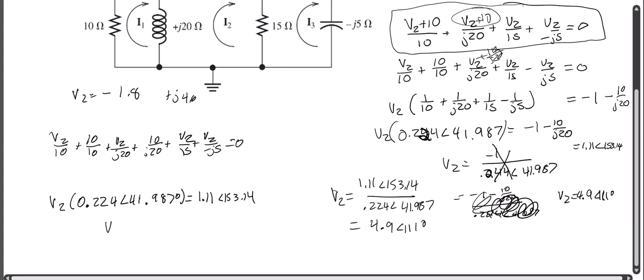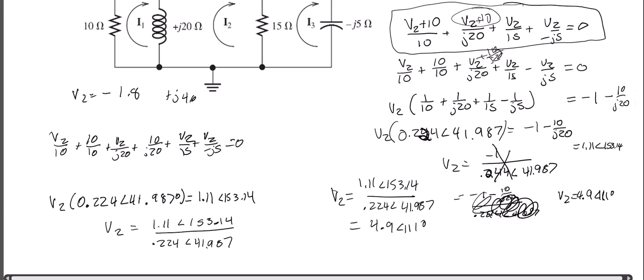Then I did V2 equals 1.11 angle 153.14 over 0.224 angle 41.987. And I just typed both of those into the calculator. Or you can do 1.11 divided by 0.224 to get this part, and you can do 153.14 minus 41.97 to get that part.